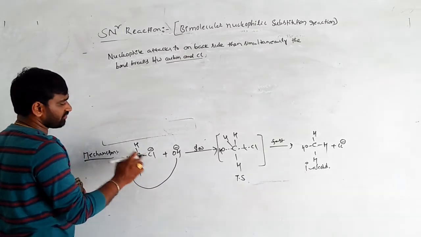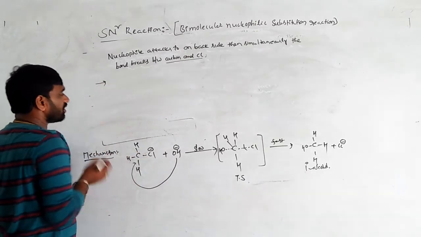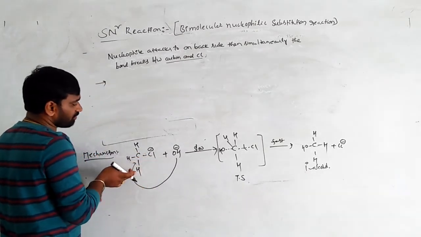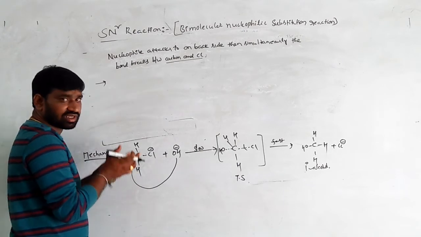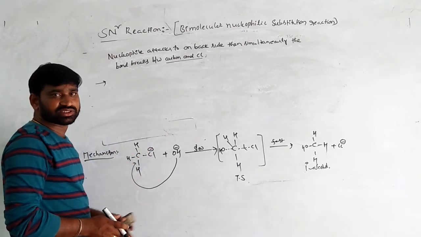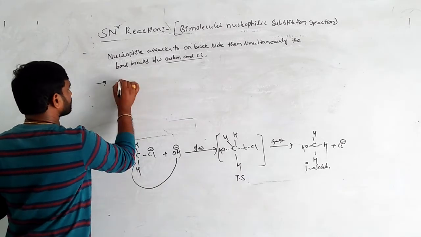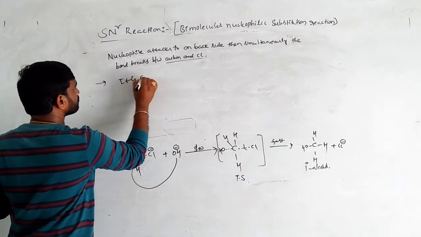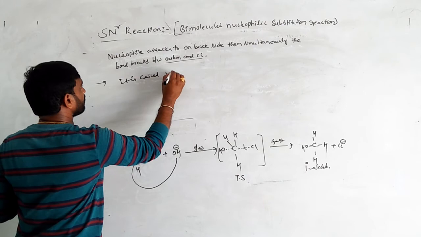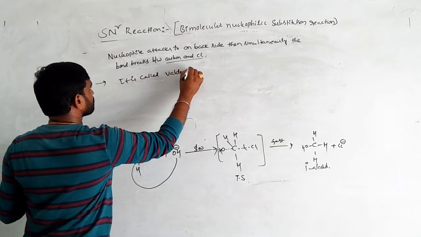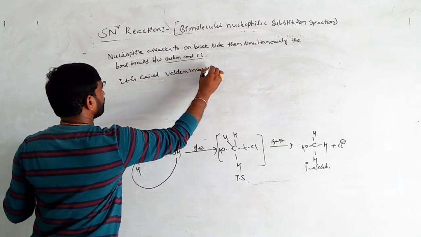Since the nucleophile attaches to carbon on the backside, it is known as Walden inversion.